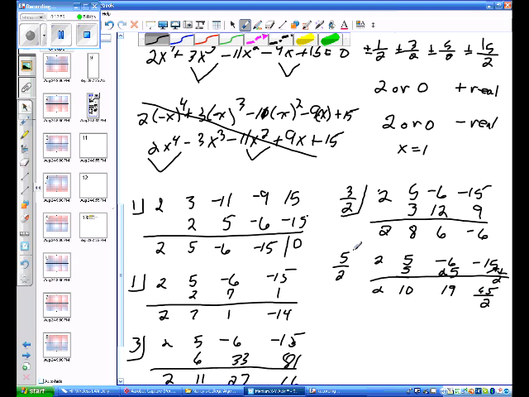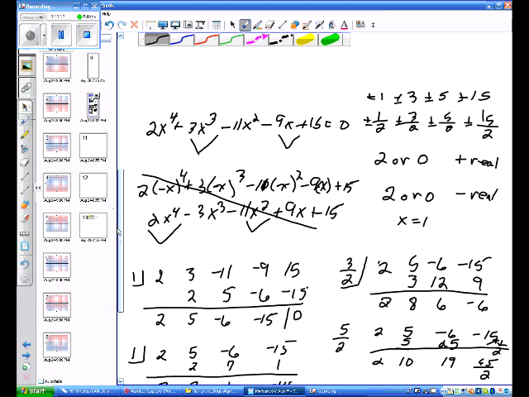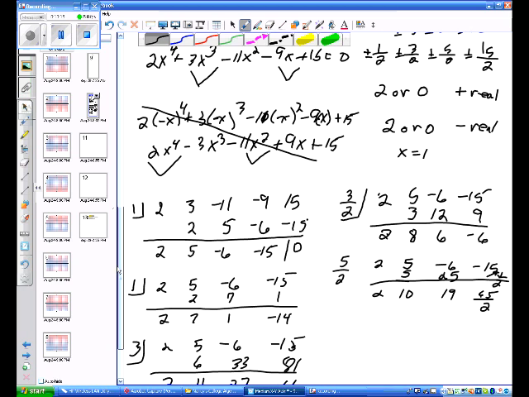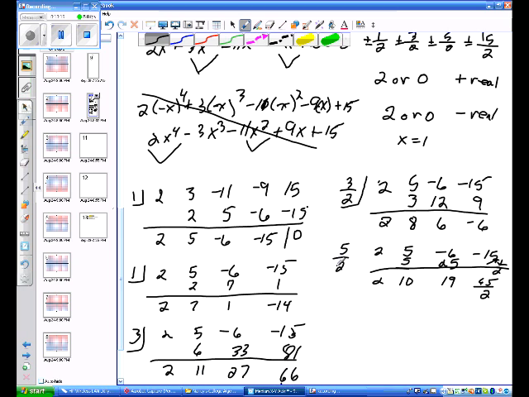Which again lets you know it's somewhere between 3 halves, 1.5, and 2.5. We know it's not 1. So what we know then is it was not a rational root. So evidently that 0 that comes somewhere between 3 halves and 5 halves is irrational. So we need a different way of finding it.